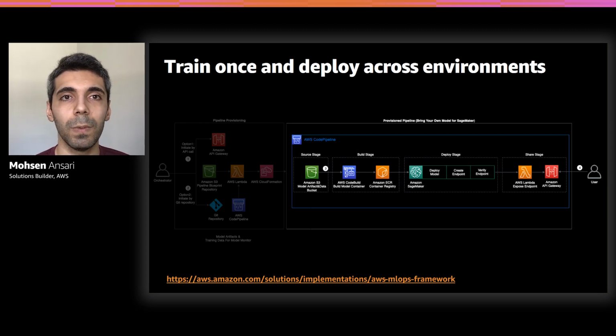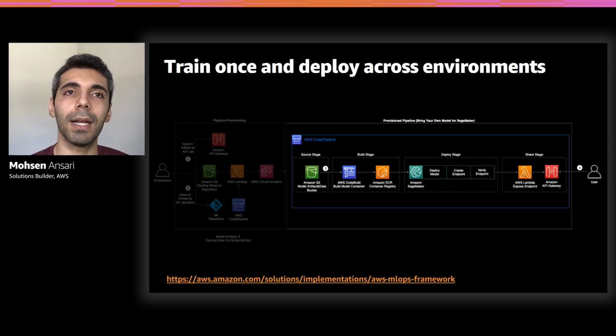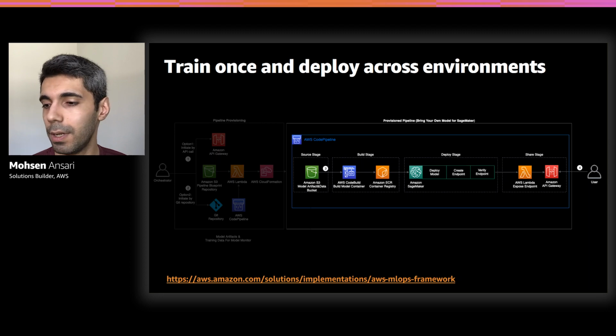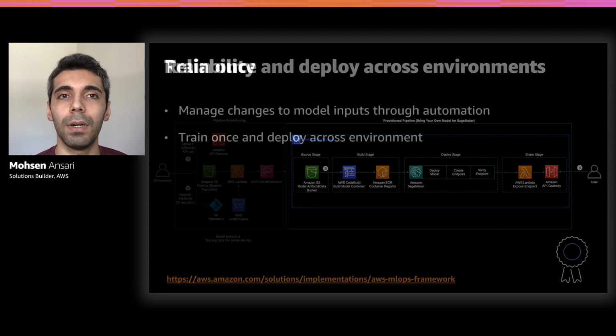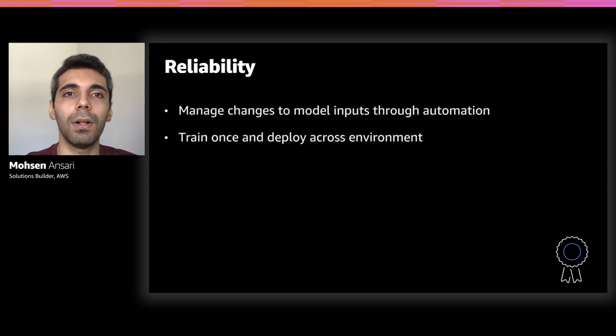So that's why we say train once and deploy across environments, and that's how we applied that into this architecture. Again, the reliability pillar has more examples of best practices. I listed a couple of them here, but you can look at the machine learning lens for the Well-Architected Framework, and you can see more of them in detail with examples.